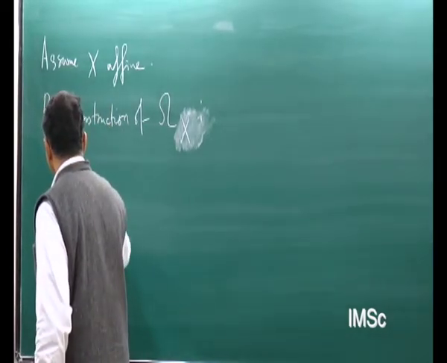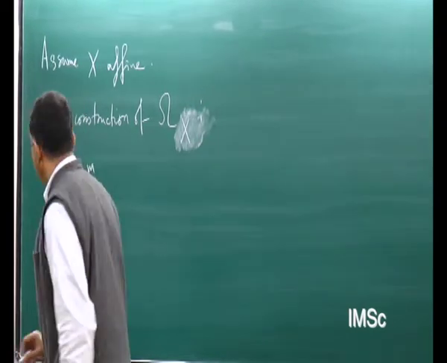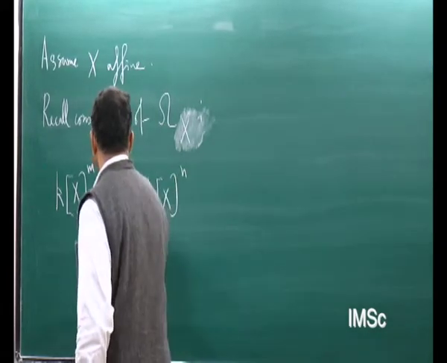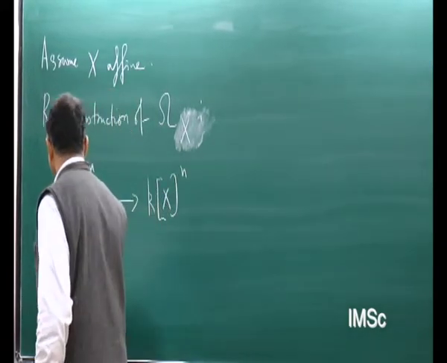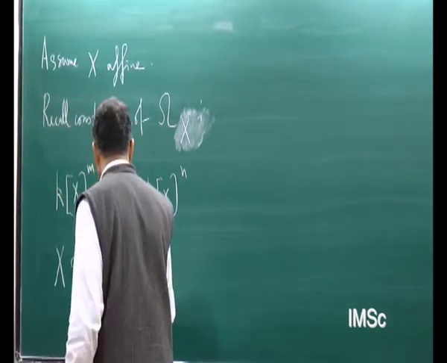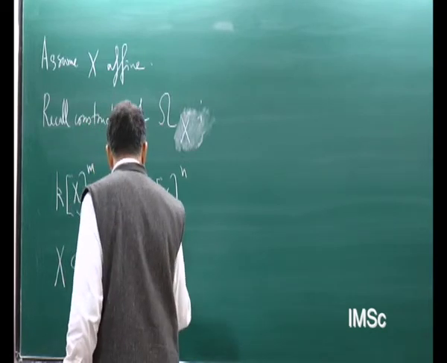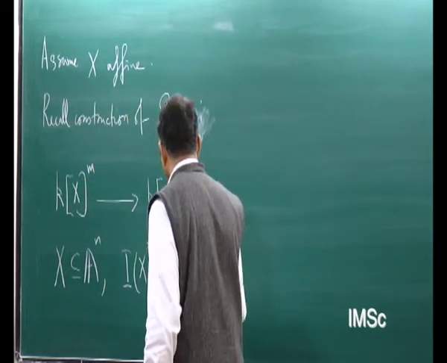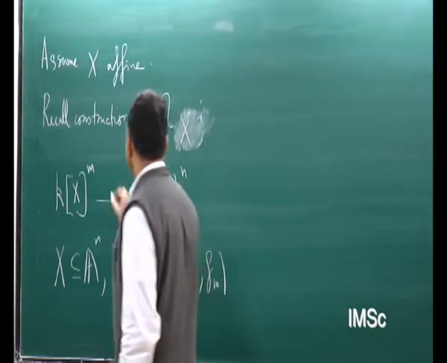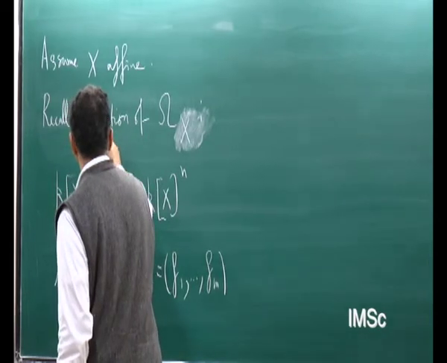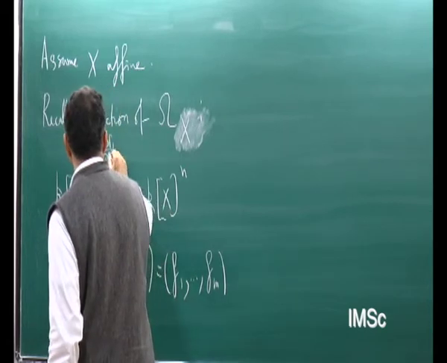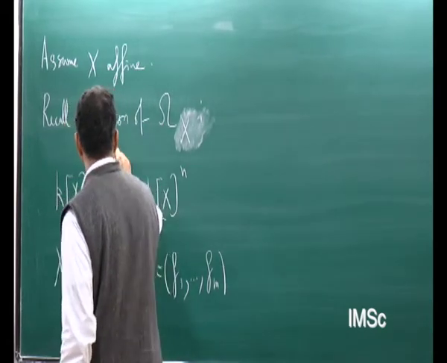Okay, so if we do that, then we have something like this. You have K[x]^m, K[x]^n, where we are thinking of X as sitting inside A^n, and then the ideal of X is generated by a certain set f1 through fm of polynomials. Okay, and this you would write ∂f1/∂x. Okay, let me use t here because otherwise there is too many x's.